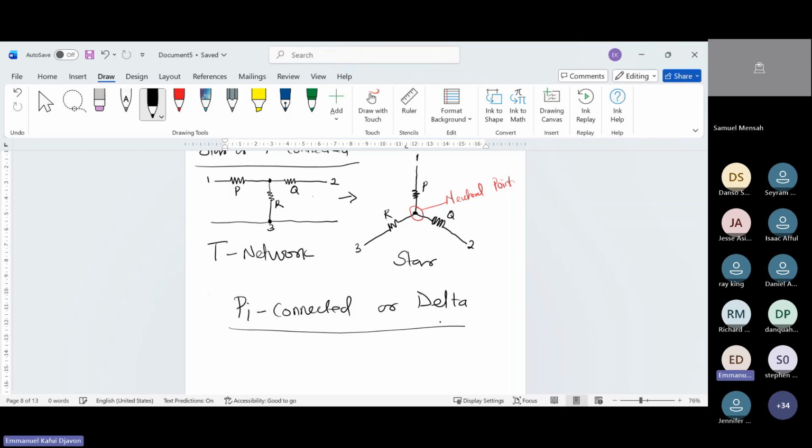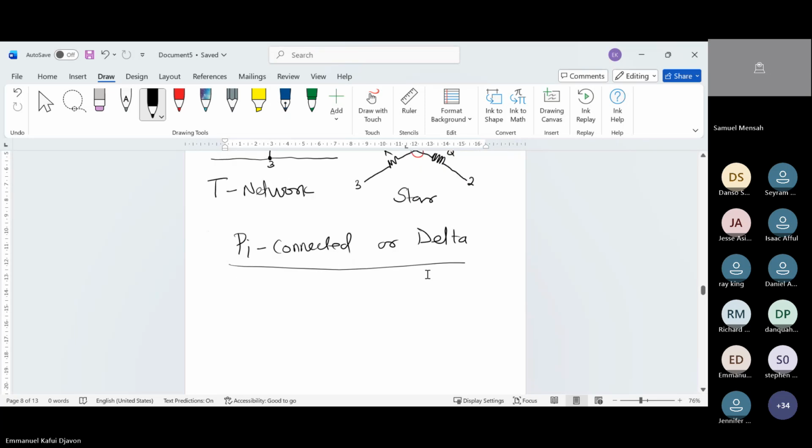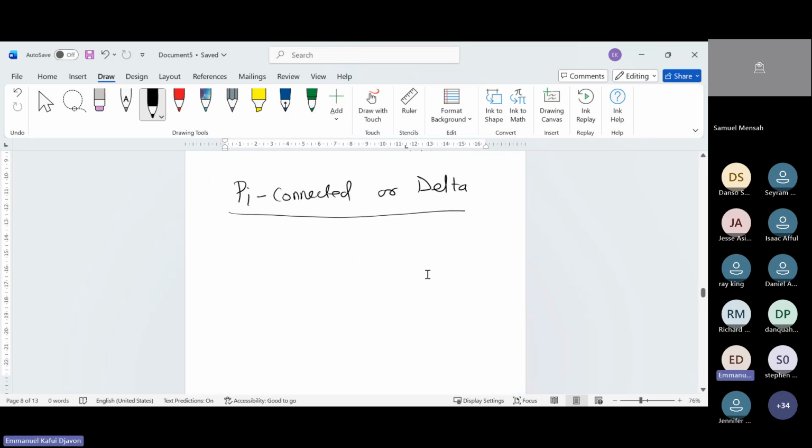So now, how does a delta look like? A delta looks like this. I believe you can see what I'm doing on the board. We have this, and we have this.